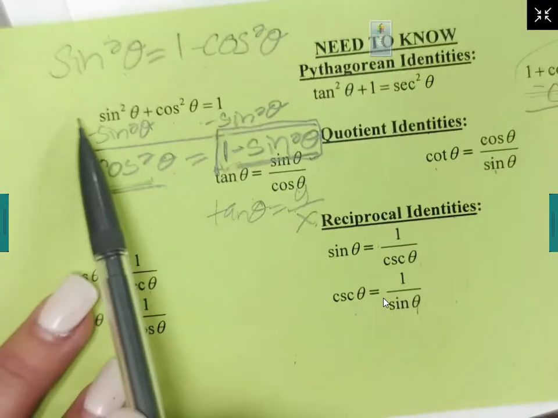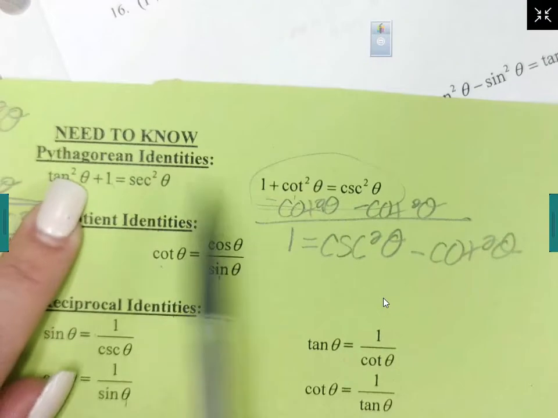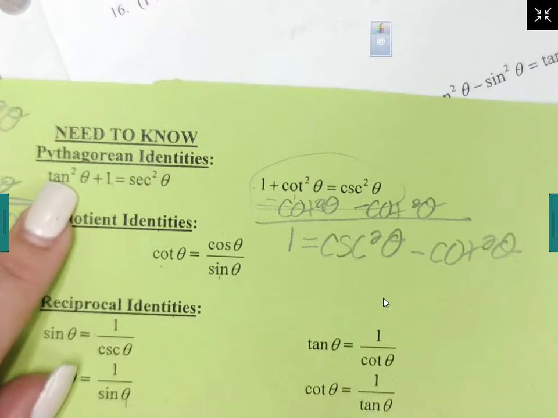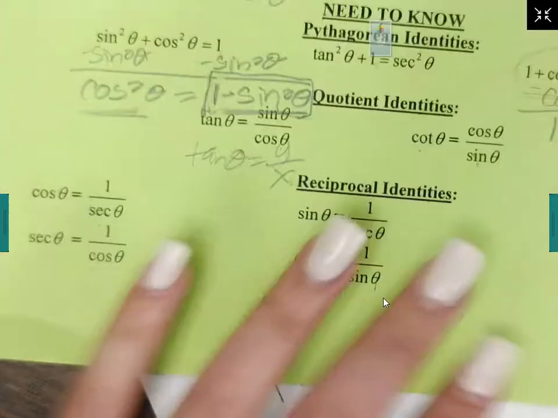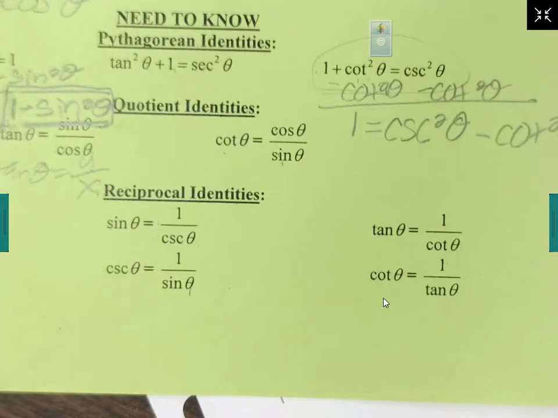As long as you know sine squared plus cosine squared equals 1, then you can derive these other two just like I showed you in class yesterday. It is not that much to learn. The only new things you are learning, honestly, are 1, 2, and 3. And if you feel like it's that much, then you need to spend more time studying, okay?